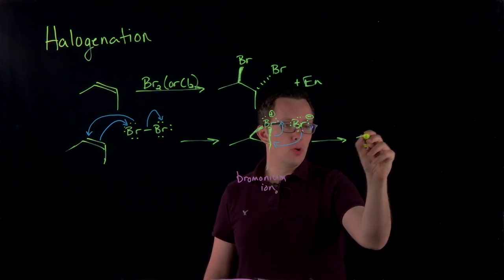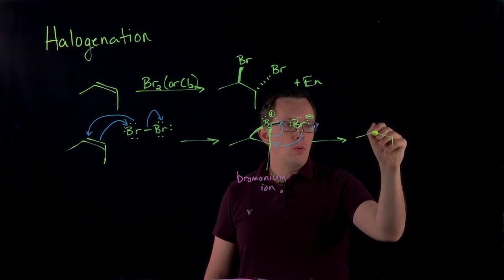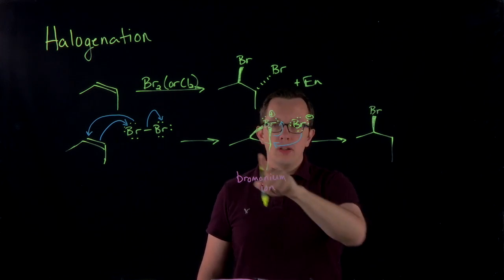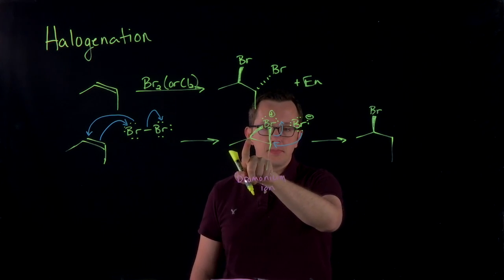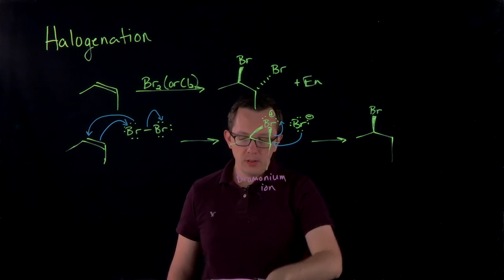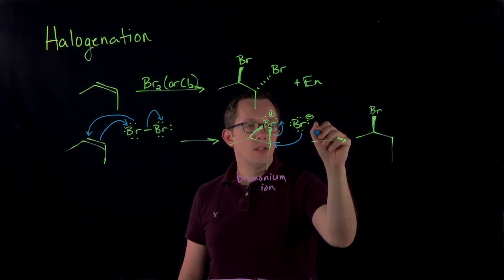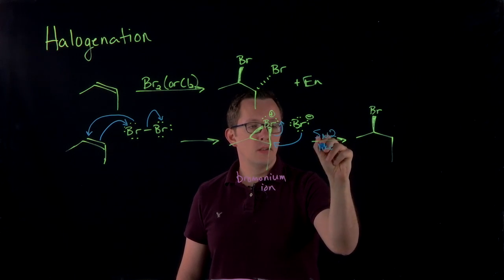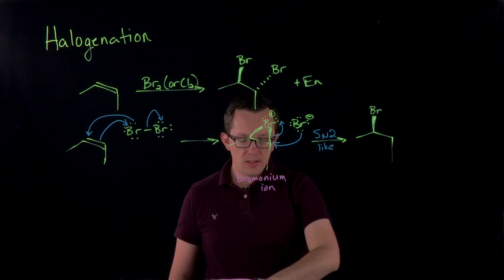So going forward, bromine will still be on a wedge on this carbon over here, but this carbon over here, our reaction is essentially an SN2 reaction. So we'll say this is an SN2-like step in our mechanism.